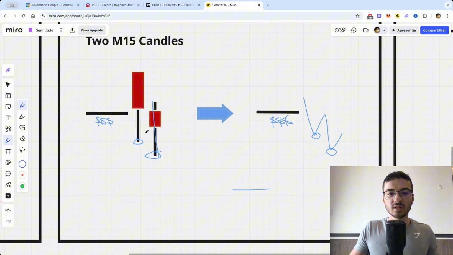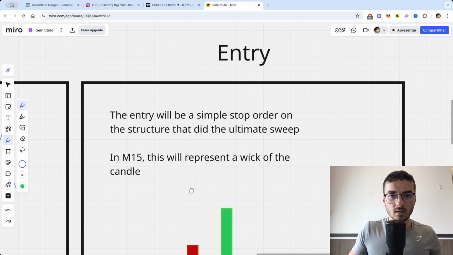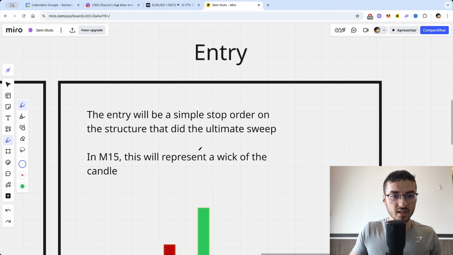Always wait for a second sweep, whether we do a breaker structure around here with other candles, or just an overall second reaction to the downside, if we're looking to buy, of course. And so how we're going to take this, going over the next step right here, is the entry. The entry will be a simple stop order on the structure that did the ultimate sweep.